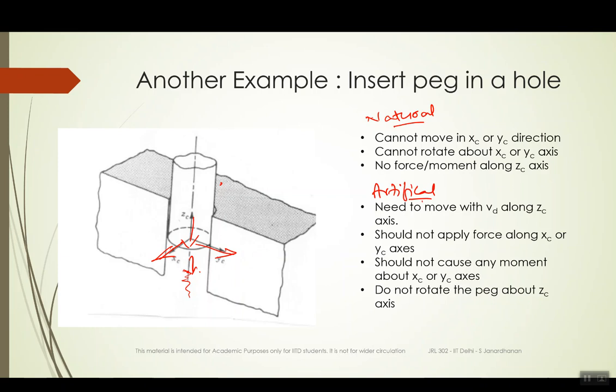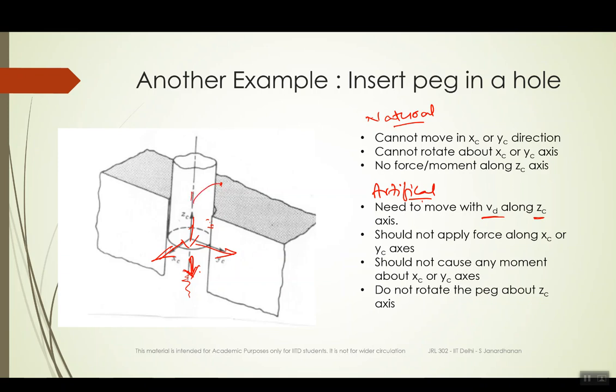Now, the artificial constraints are those constraints that depend upon the task at hand. The task at hand is to move this peg into this hole, but at the same time you don't want any force to be applied in the x direction or in the y direction. So you need to move with a velocity Vd along the zc axis, and you should not apply any force along the xc or yc direction, and you should not cause any movement about the xc or yc axis.